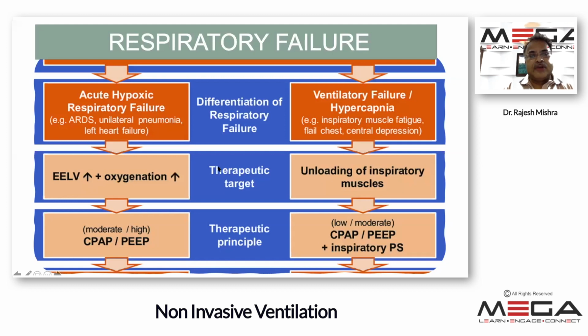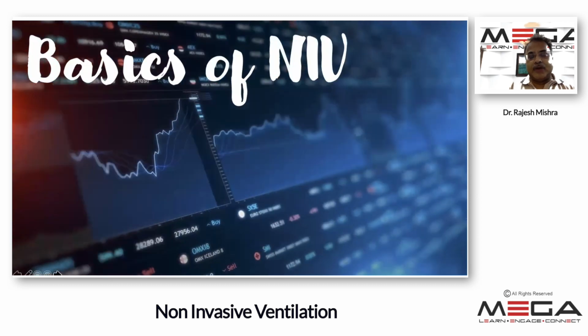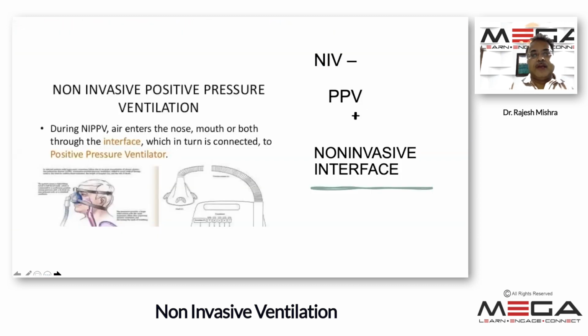In hypoxic failure, it achieves its therapeutic target by increasing end-expiratory lung volume and oxygenation, where CPAP or PEEP helps, while in ventilatory failure, it offloads the inspiratory muscles, and that is achieved by the CPAP, PEEP plus some support.